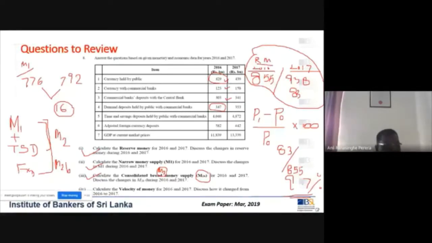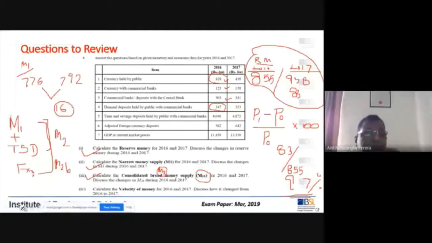So what is M2B for 2016? How do you calculate? You get currency in circulation, so currency held by the public, and demand deposits held by the public with commercial banks, those two equal M1.